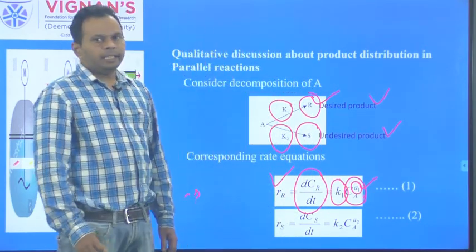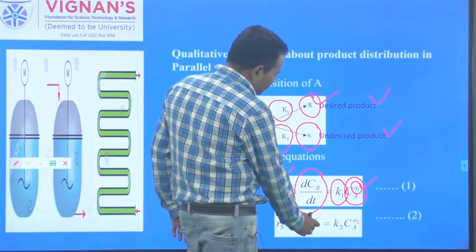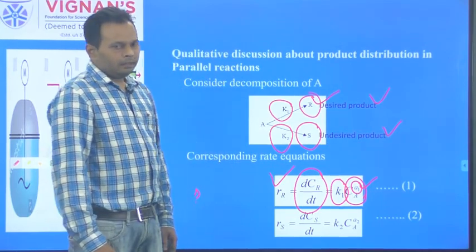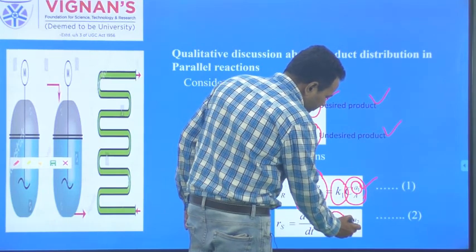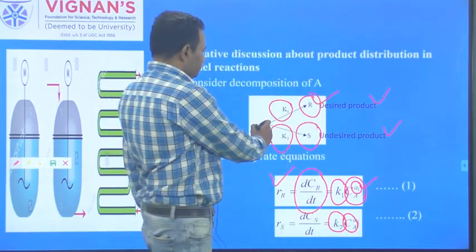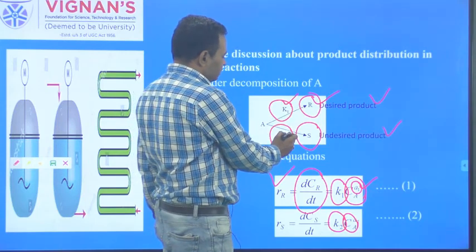Similarly, write the rate of formation of S: dCS/dt, the concentration change of S with respect to time. This is also the product of two terms, rate constant K2 into the concentration of the reactant. You already know that the A to R reaction has rate constant K1 and the A to S reaction has rate constant K2.